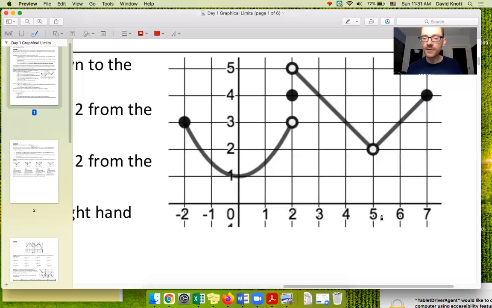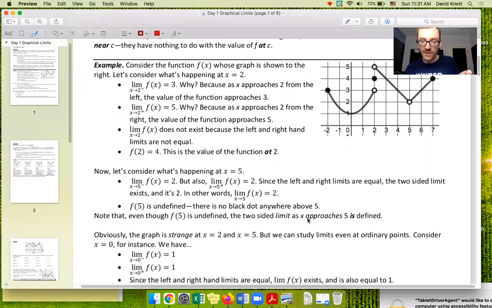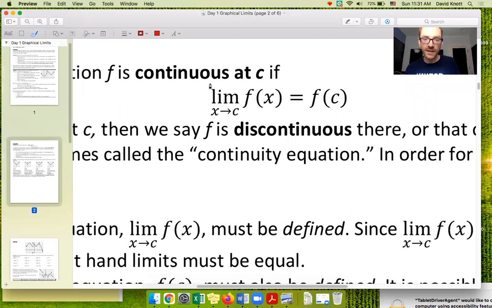Remember this graph right here? Remember at x equals 5? This function has no value at 5. So if c were equal to 5, the expression f of c would be undefined because the function is undefined at 5. Just like the left-hand side of the equation, it's completely possible that this is undefined.